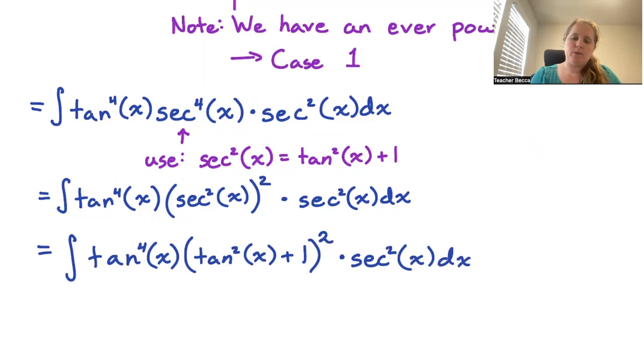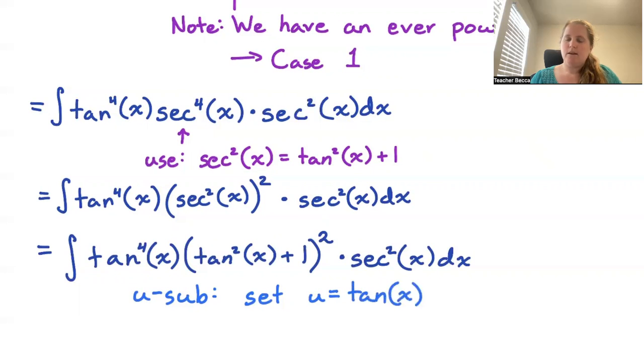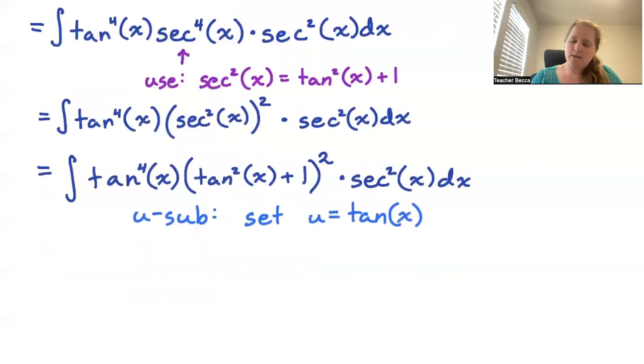At this point, we apply our u substitution. We'll set u equal to tangent of x. Our du is then that secant squared x dx we have on the end.